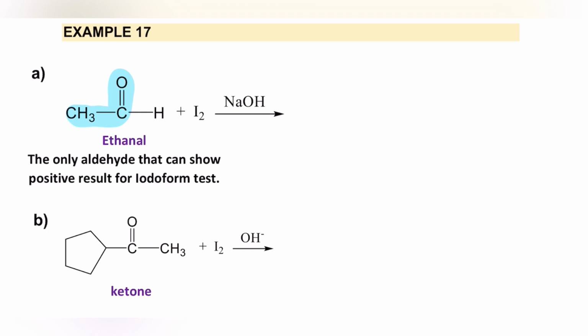So of course this one we can show the product side, which is our carboxylate salt. So for this part we use NaOH. So I'm going to draw back. Let's say this is carbon first, this is carbon second. So we will start with carbon first. You can see at first carbon you have double bond O, and then you have hydrogen.